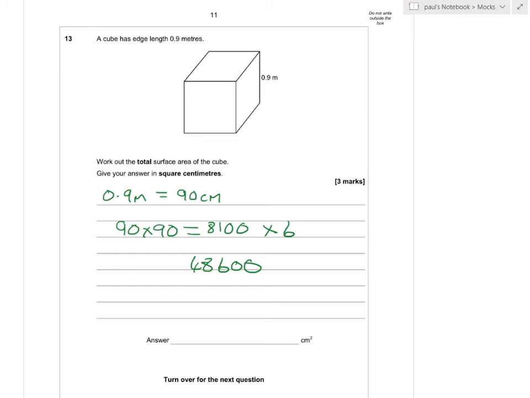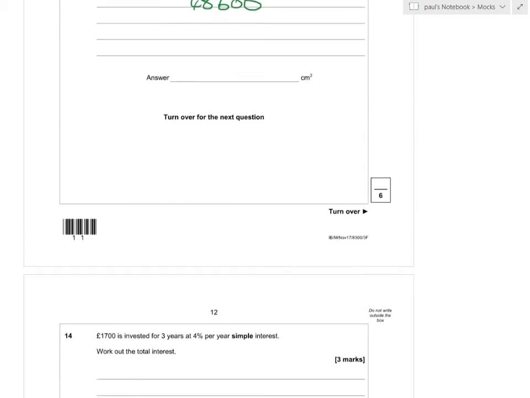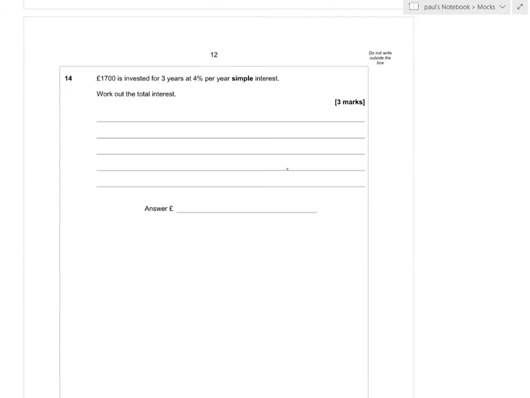Okay, so next one. £1,700 invested for 3 years at 4% per year, simple interest. Don't like these bits.